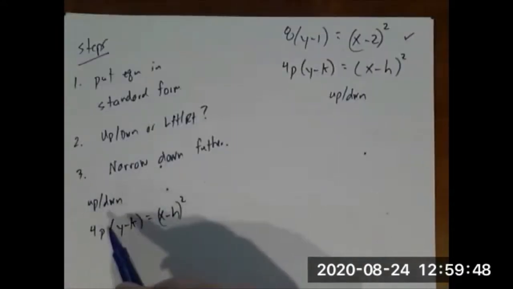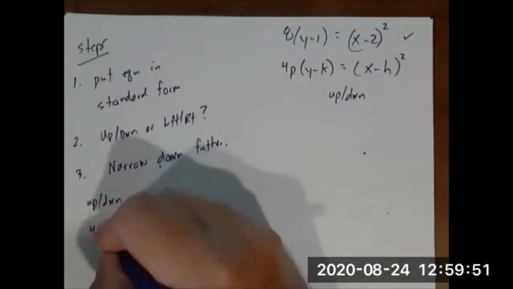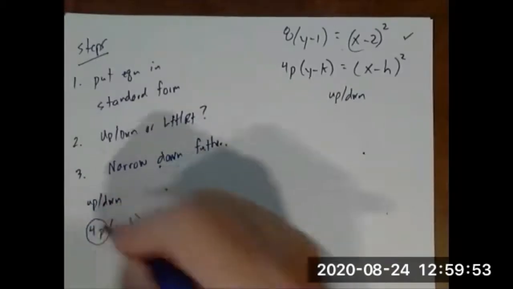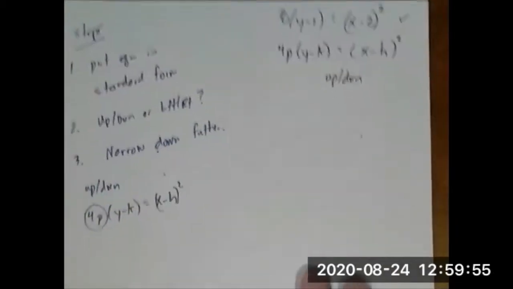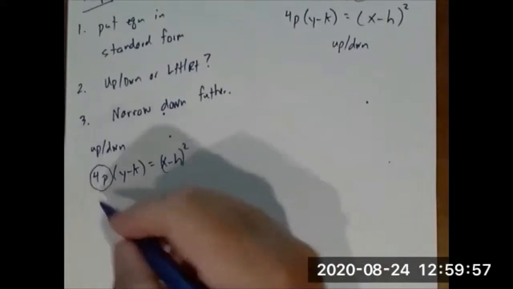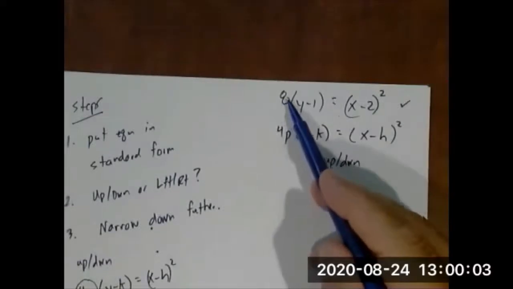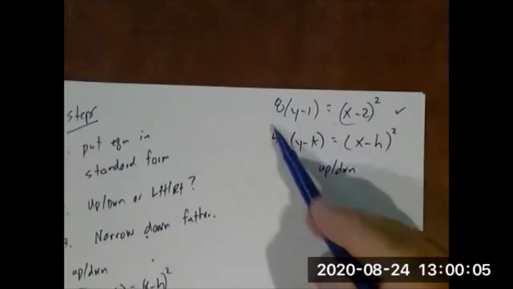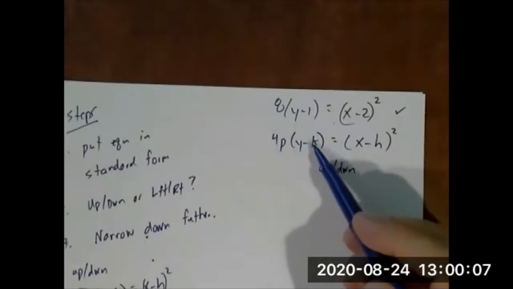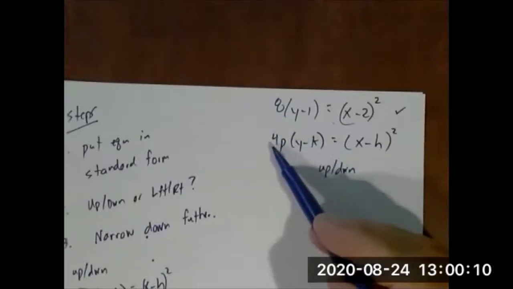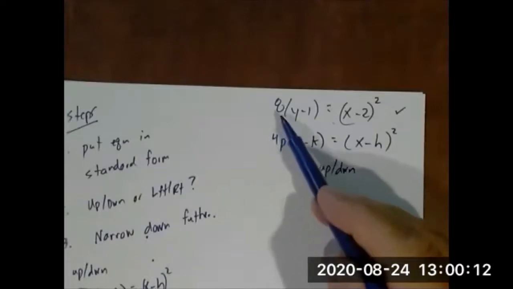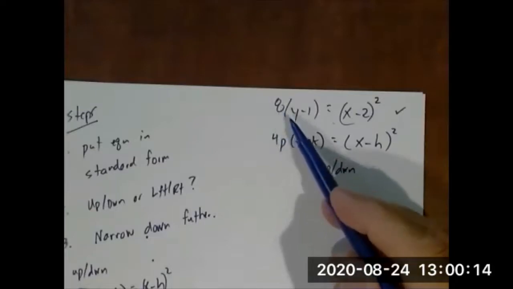The thing that determines whether it's up or down is this coefficient. It's going to be a number in an actual equation. For instance, in our equation, it's 8, right? Whatever is in front of the y parenthesis, we call it 4p in the equation, but in our actual equation, it's the number 8.